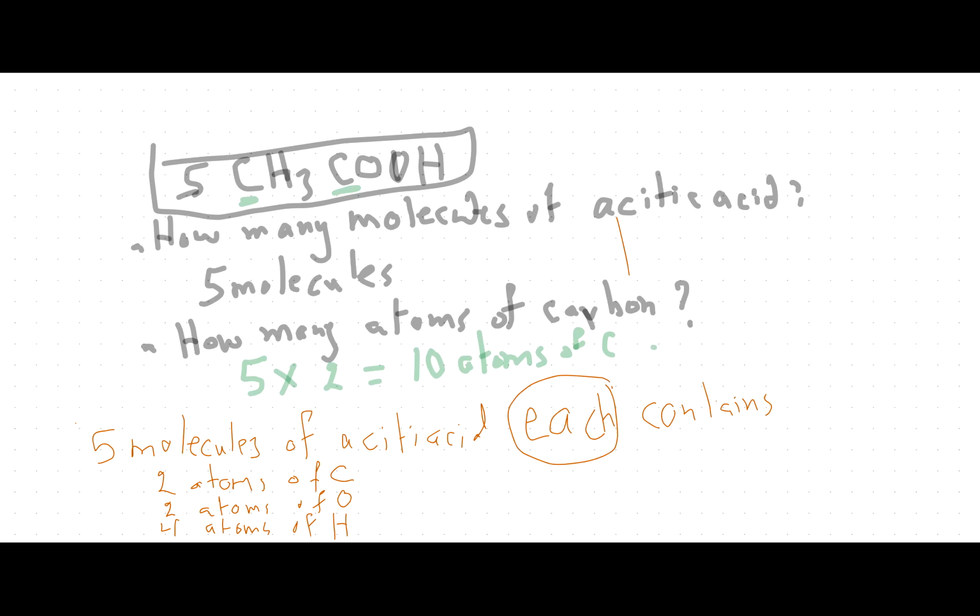Anyone didn't understand the idea behind this? When you wrote 5 times 2, how did we get 2 for the atoms?